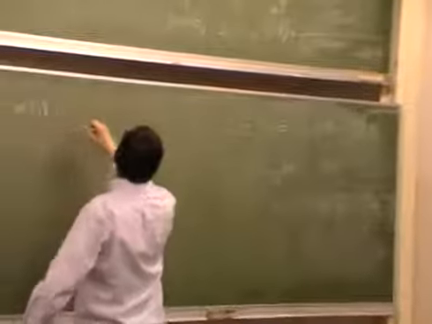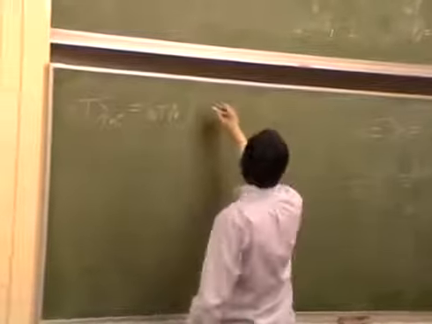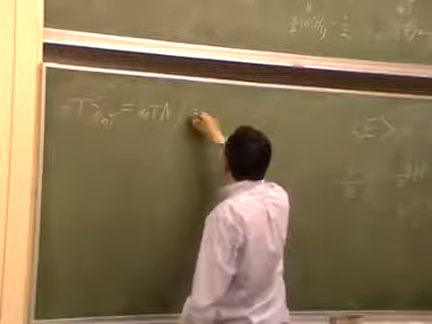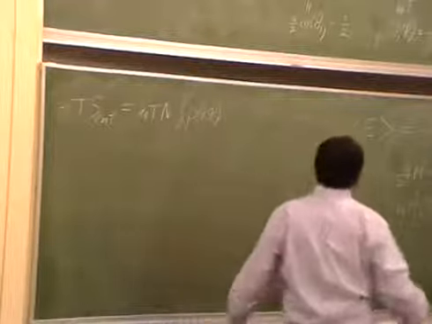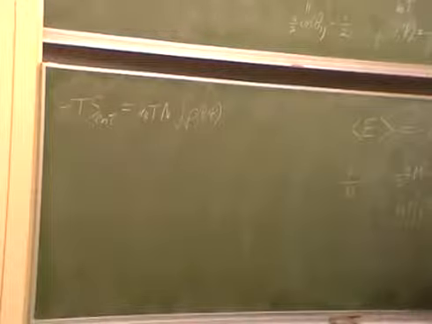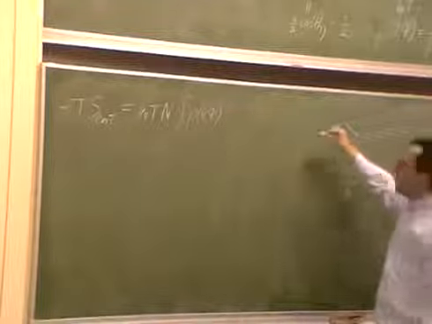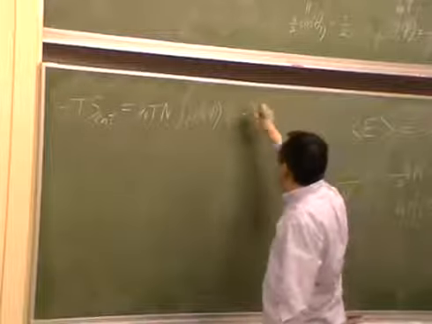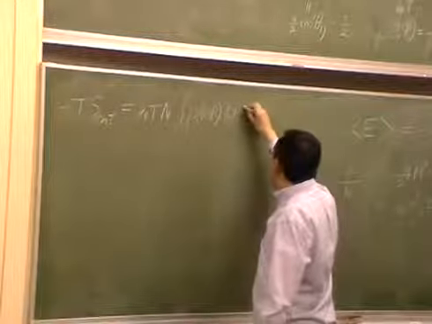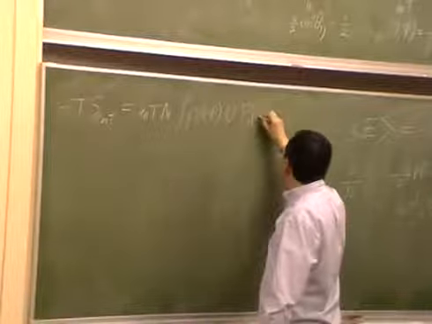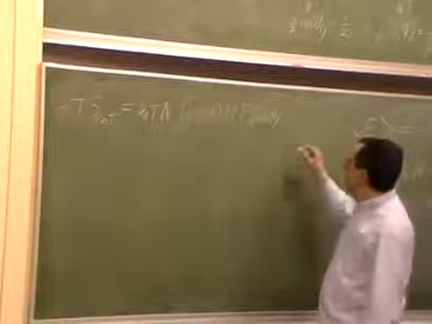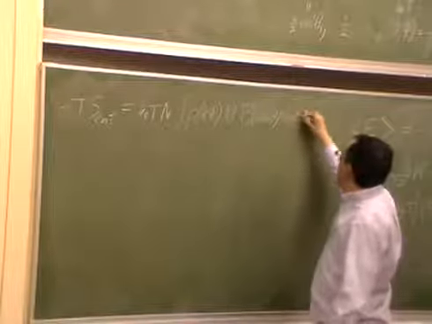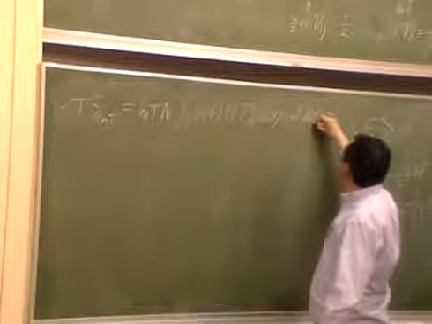So I'll have an integral of rho of theta and phi times the numerator part. The numerator part is going to be a U times P2 of cosine theta, right, times sine theta d theta d phi, okay?